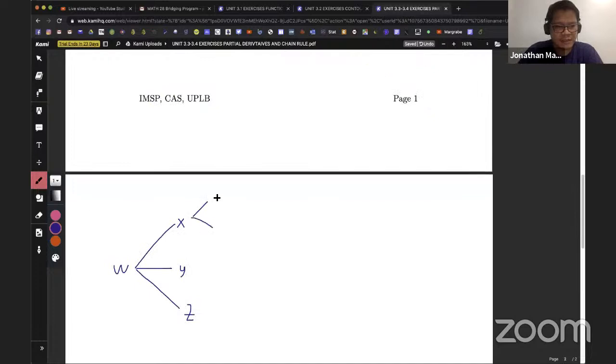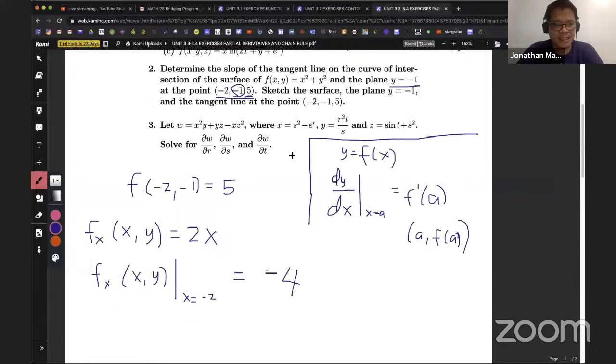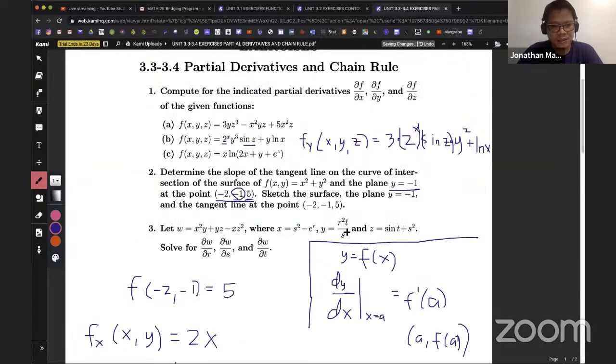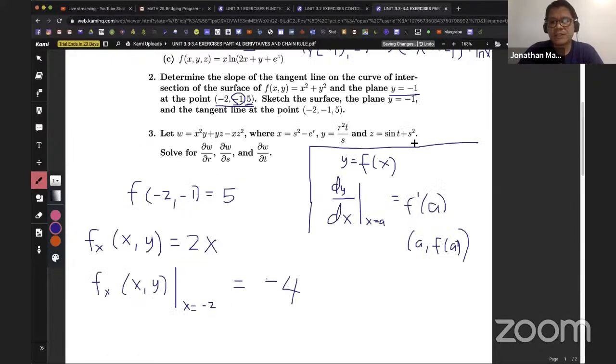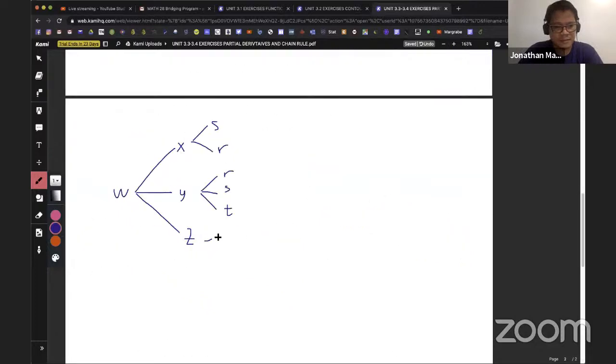Si y ay function of r, s, and t. Si z ay function of s and t.